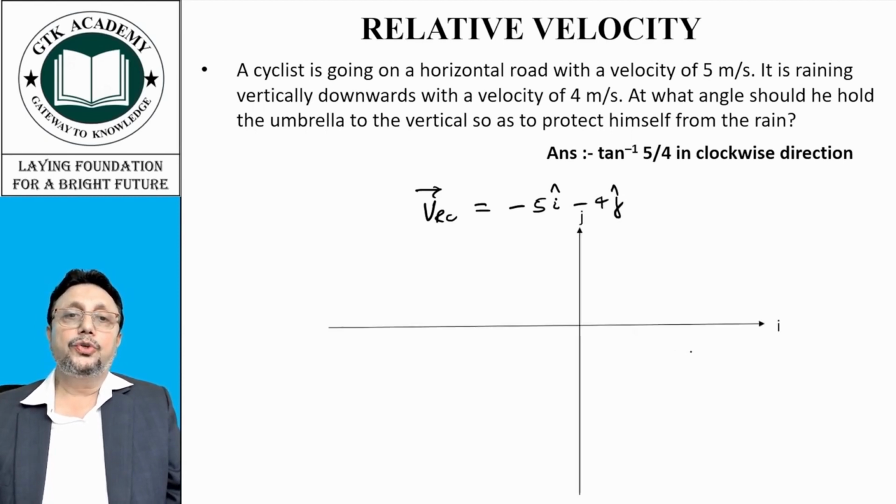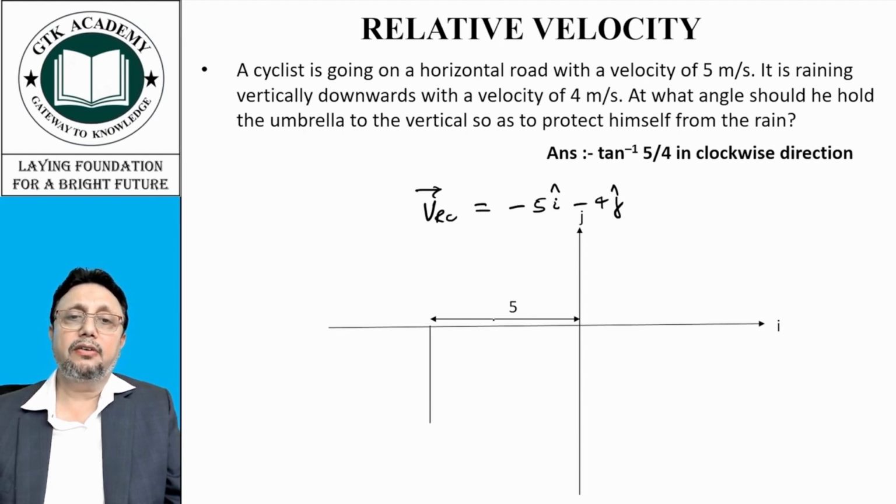So what you should do, just again make i and j, and minus 5i minus 4j means you have to go in the negative direction of i, 5 units, and in the negative direction of j, 4 units. So this is your VRC.